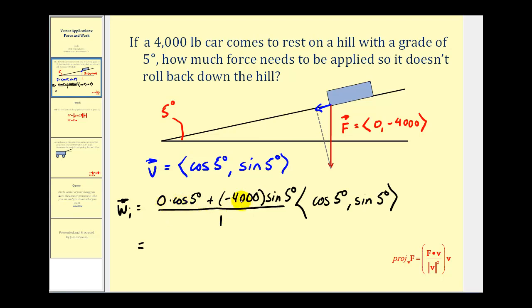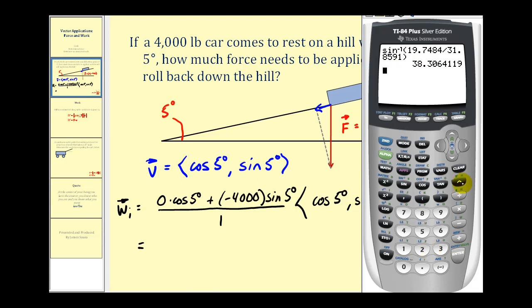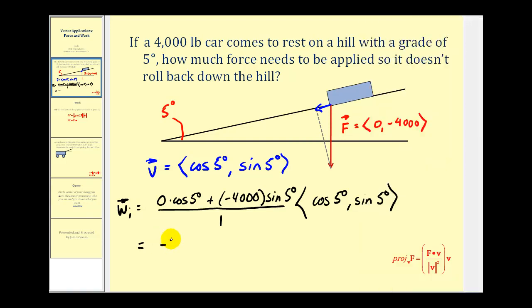So this would be 0 and negative 4,000 times sine 5 degrees, which is going to give us approximately negative 348.6 times our unit vector of cosine 5 degrees, sine 5 degrees.